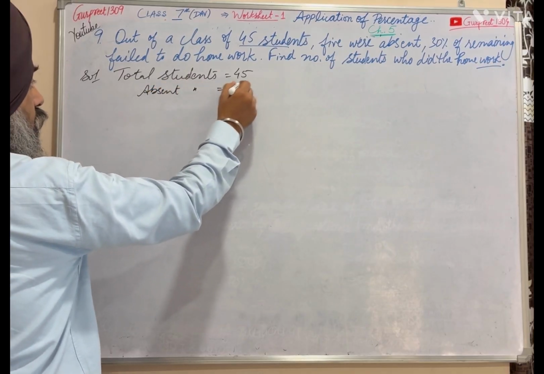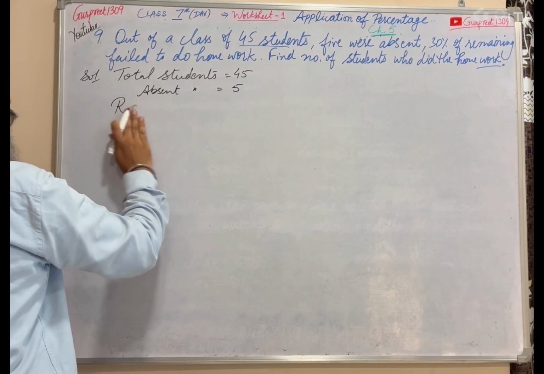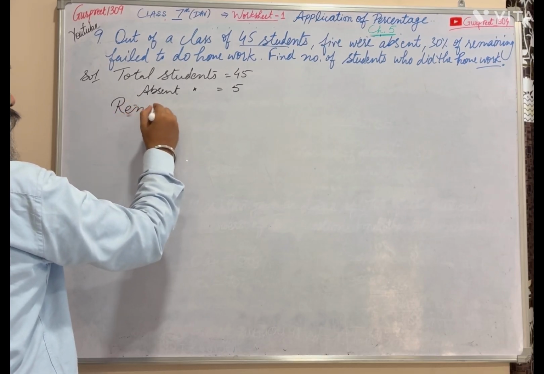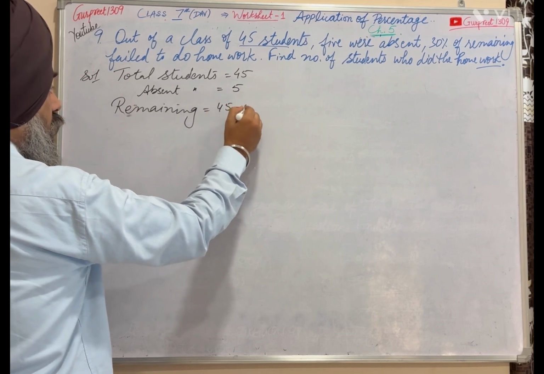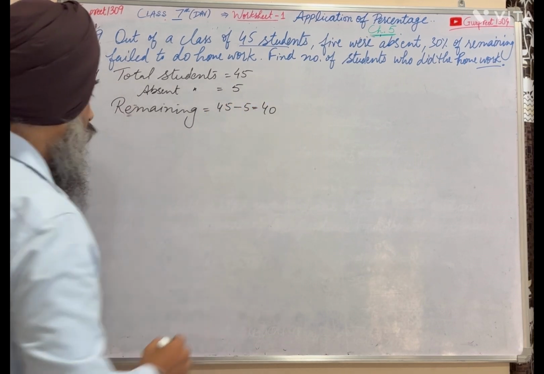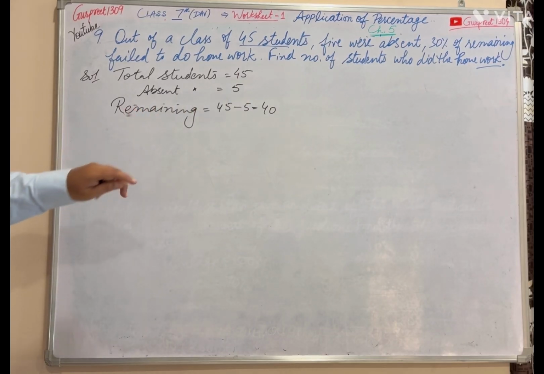Absent students 5. So what are the remaining students? 45 minus 5 is 40. So there are 40 students in the class, right?